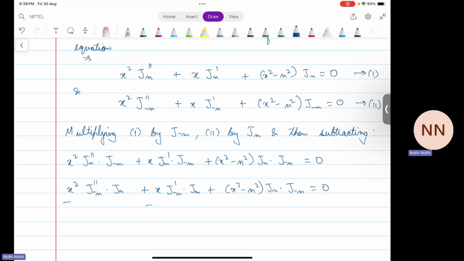Now subtracting these two equations, this term will be cancelled out.